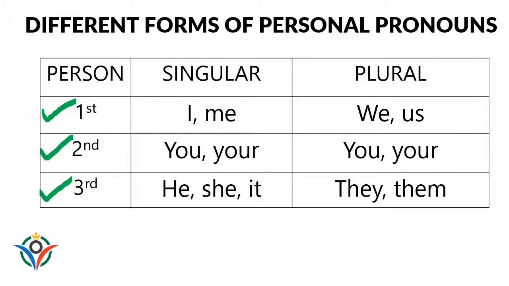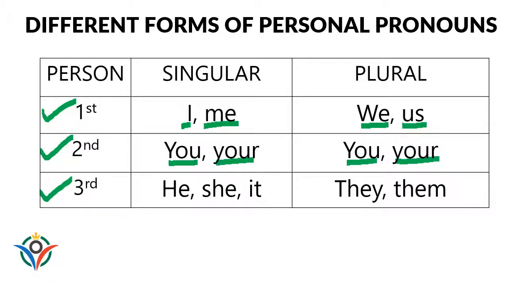But just to remind you, first person singular would be I or me, and the first person plural would be we or us. The second person singular is you and your, and the second person plural is also you and your.